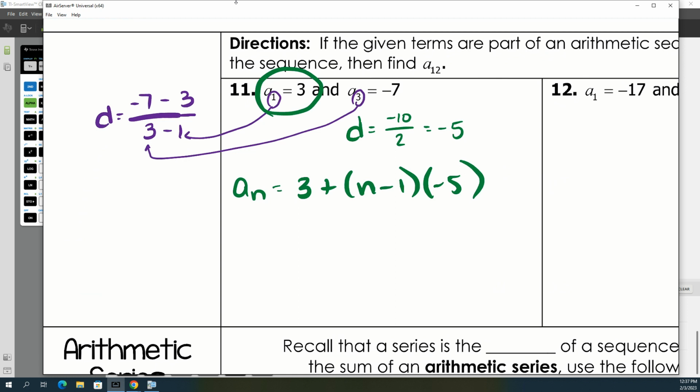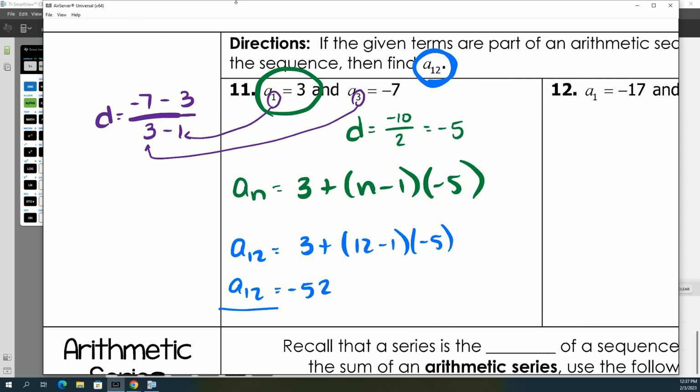All right, so that is the rule. And then the second thing we're going to do is find the 12th term. You would just type that in the calculator, and you're going to get negative 52.